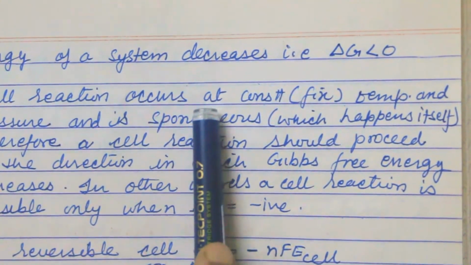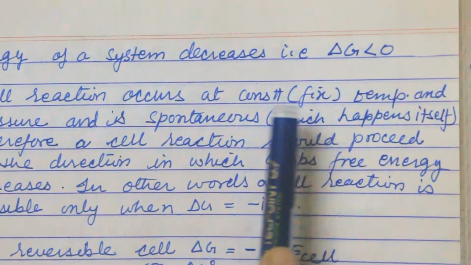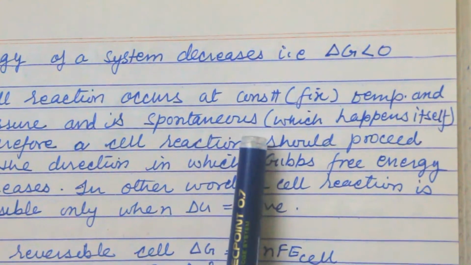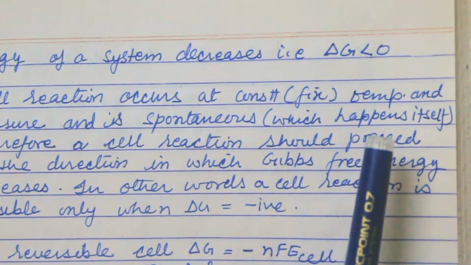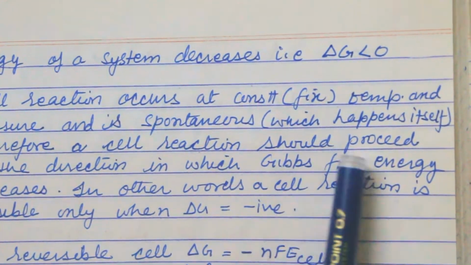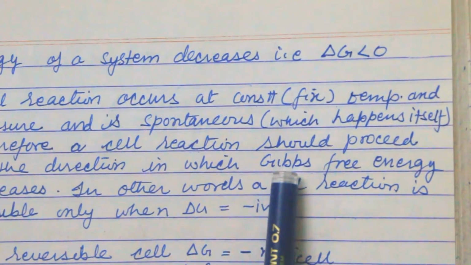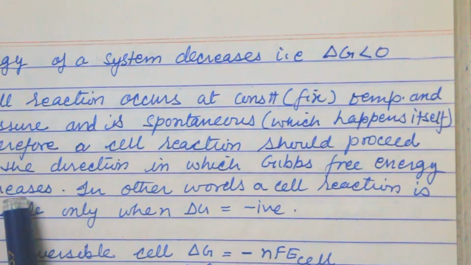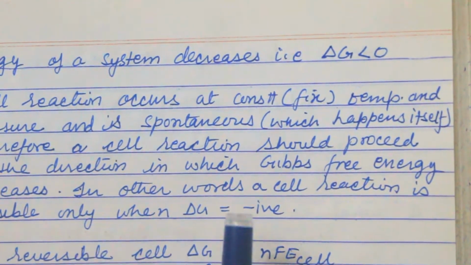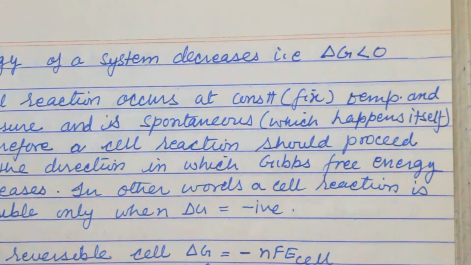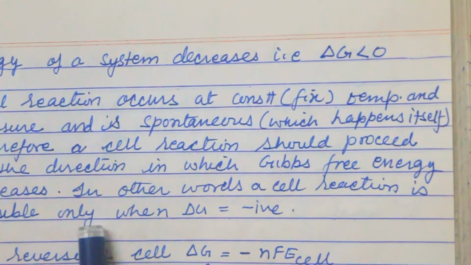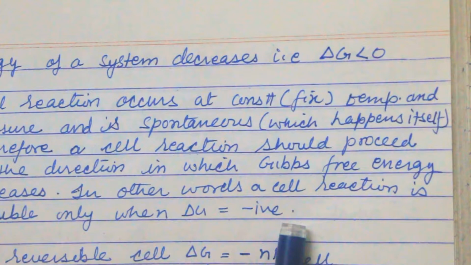A cell reaction occurs at fixed temperature and pressure and is spontaneous, that which takes place by itself. Therefore a cell reaction should proceed in the direction in which Gibbs free energy decreases, that is, less than 0. In other words, a cell reaction is spontaneous only when delta G is negative.